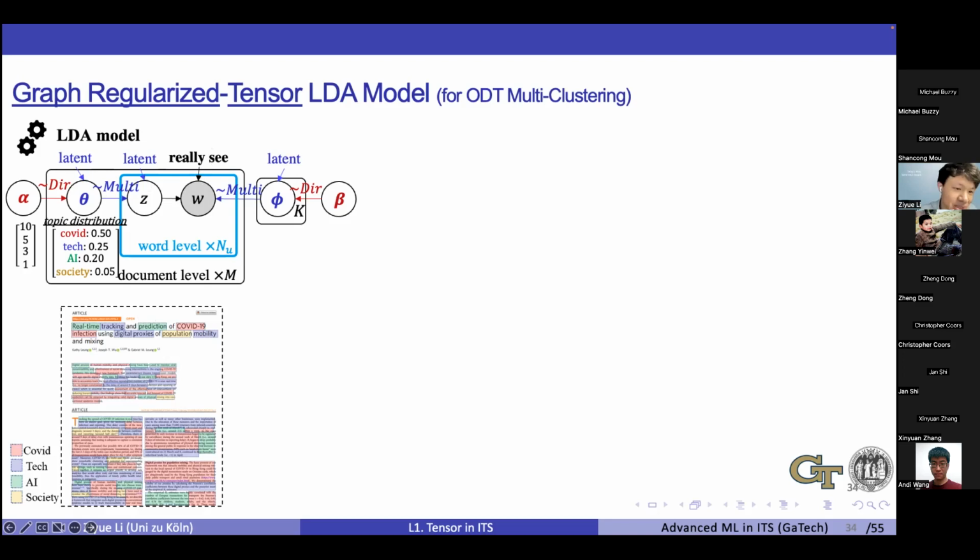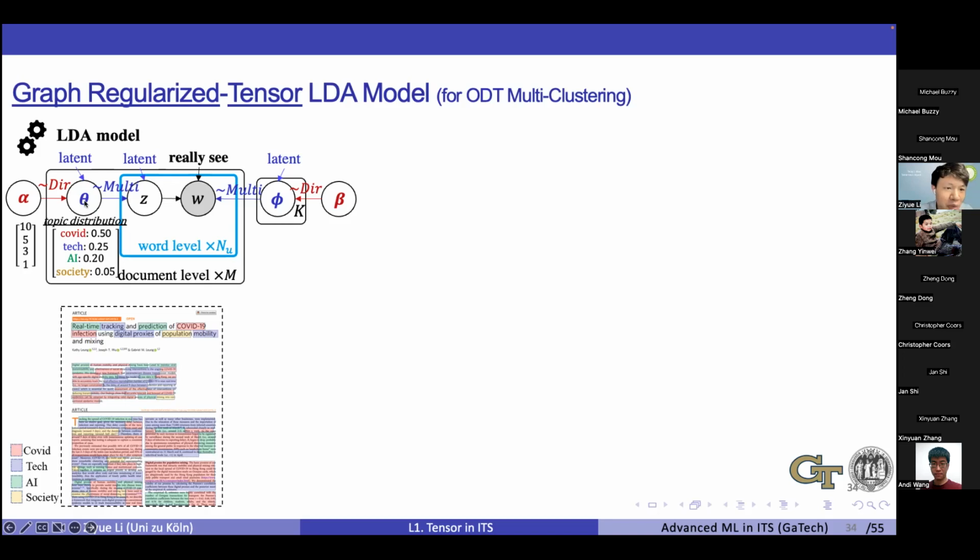I will give some demonstrations. For example, if I tell you this passenger, this document, is 50% about COVID and 25% about tech, this is what we call the topic distribution theta for this document. And different documents will have different theta.